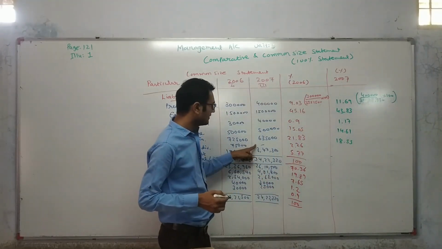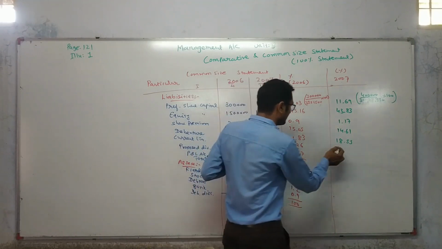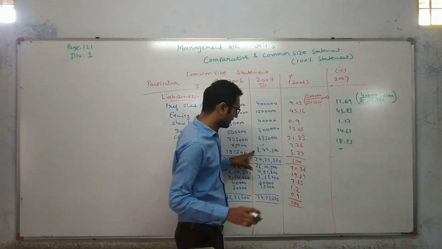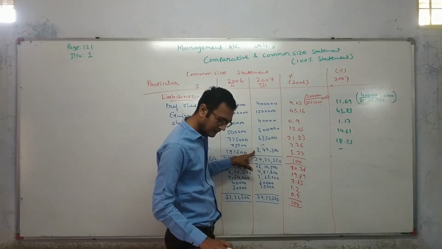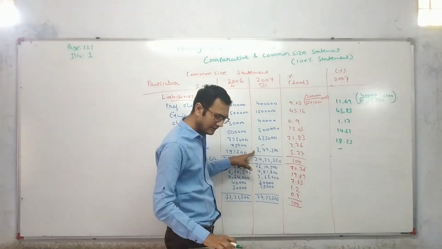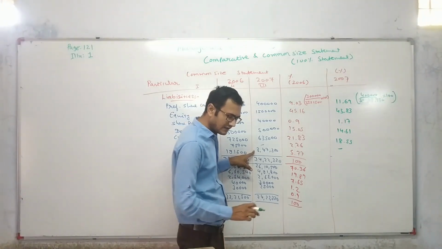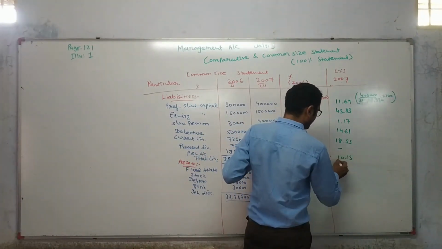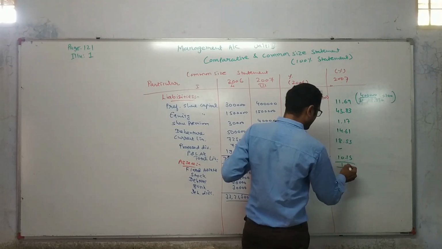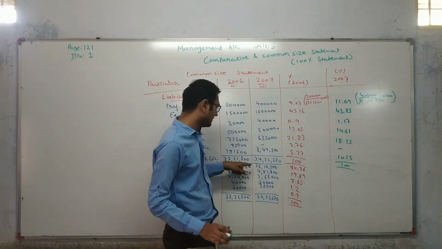Now it is 0, so dash, or you can put 0. And 47,300 divided by 34,22,330 into 100, 10.15%, and total should be 100%.